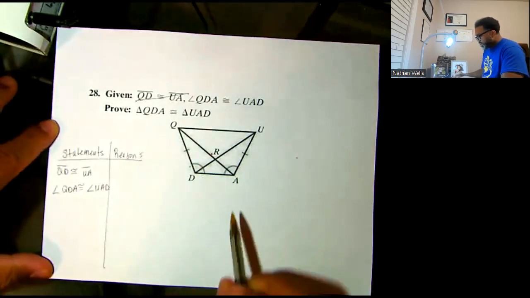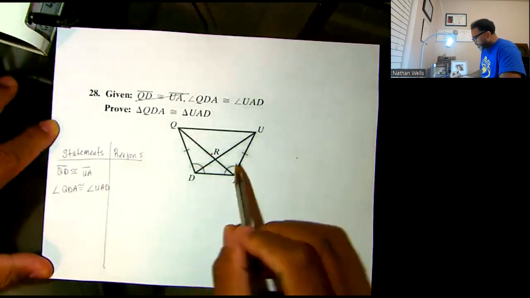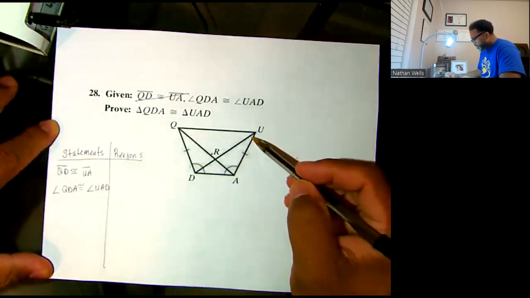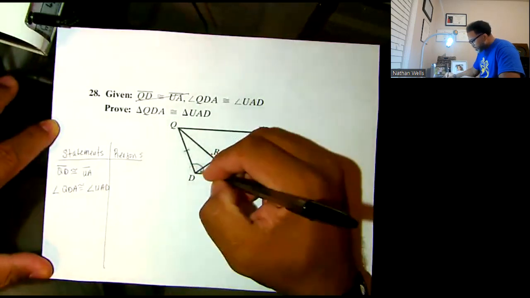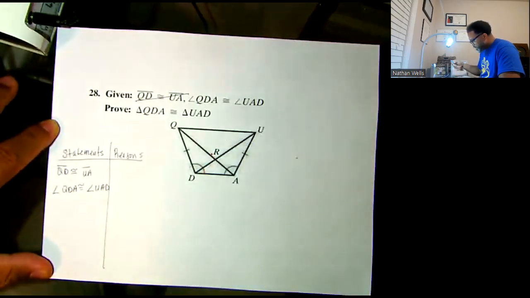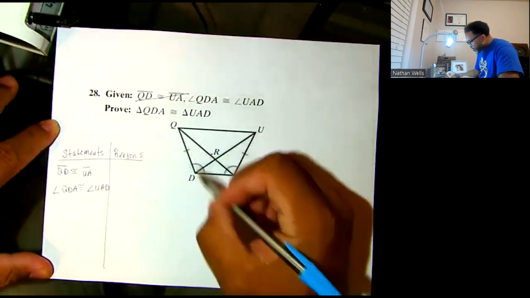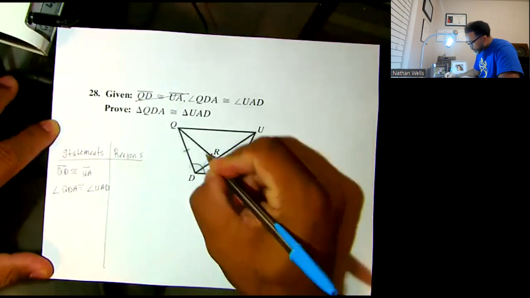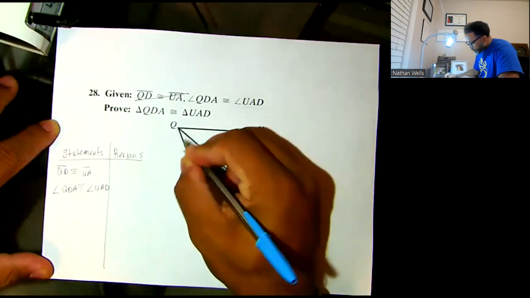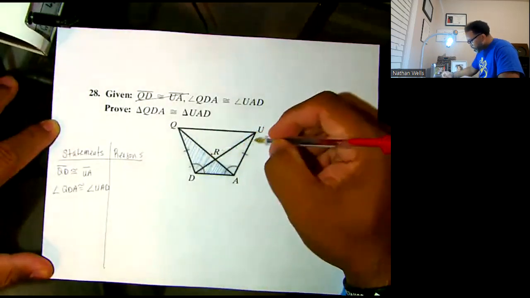So we need to prove that these two triangles, I'll shade this one in blue. So triangle QDA, that's this one, is congruent to triangle UAD.